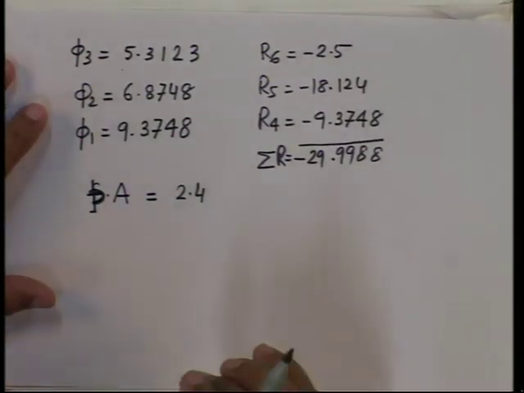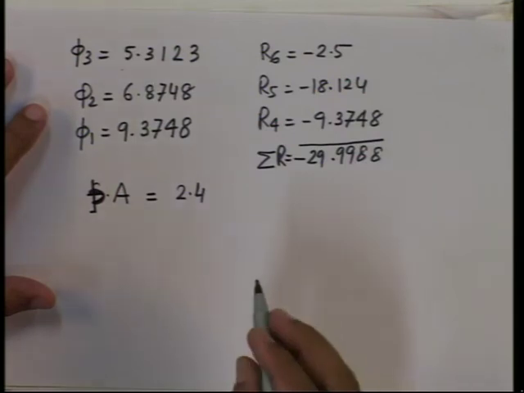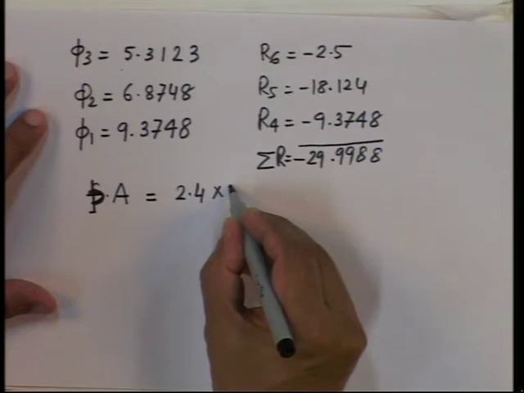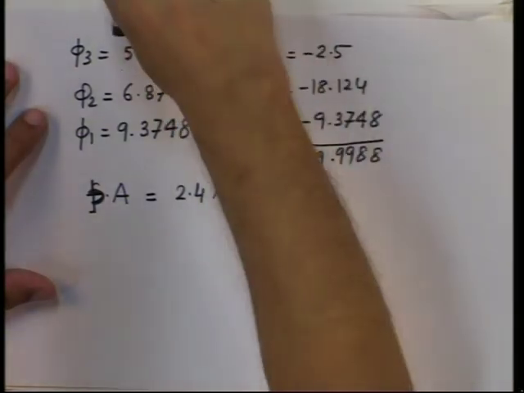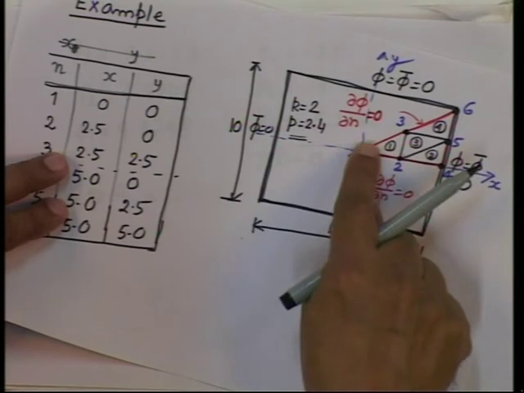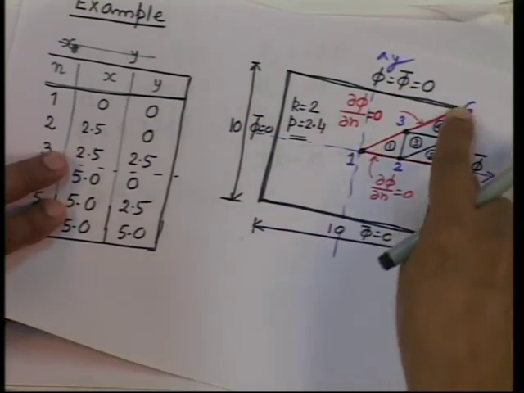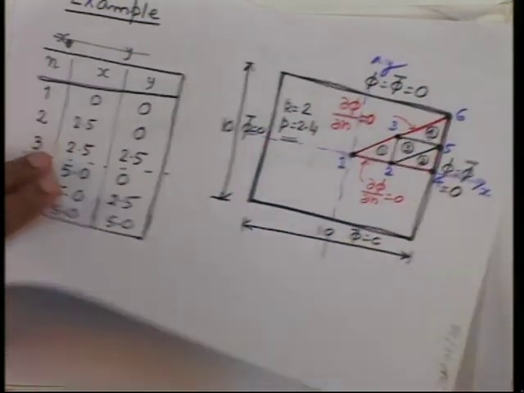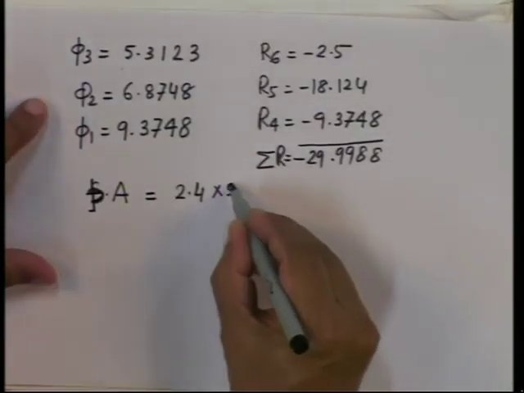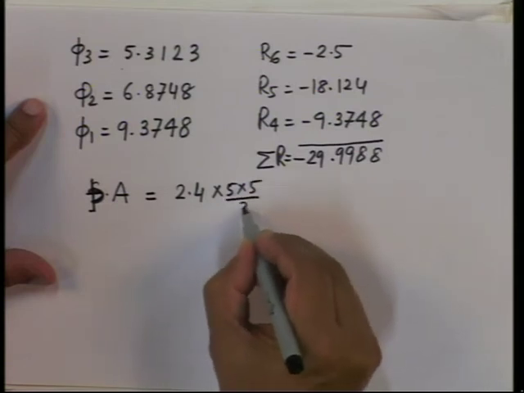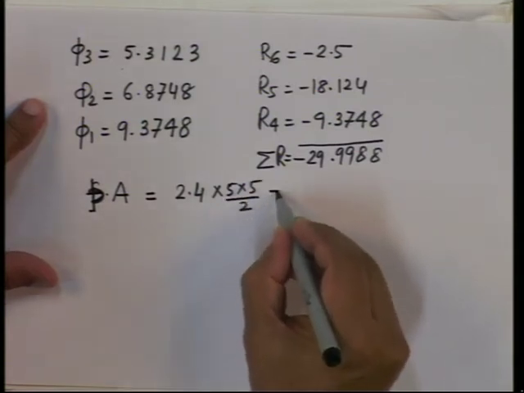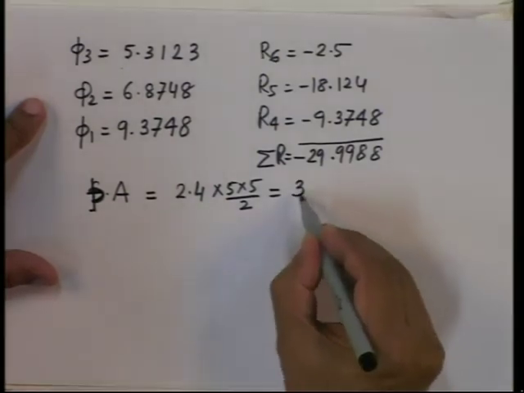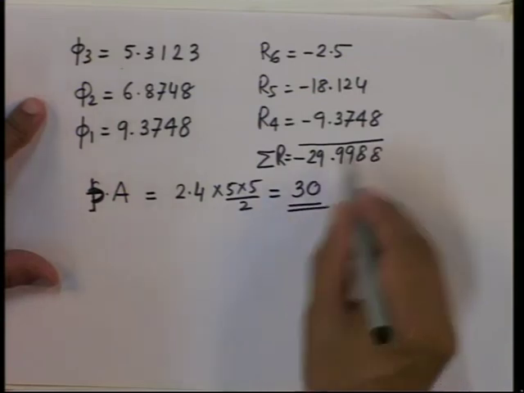That is only 1/8. 1/8 is how much area? 12.5, yes, ठीक है, because this is 5 into 5 by 2, the area of the triangle. So, this will come out to be how much? This is 30. Okay, there is a slight difference.